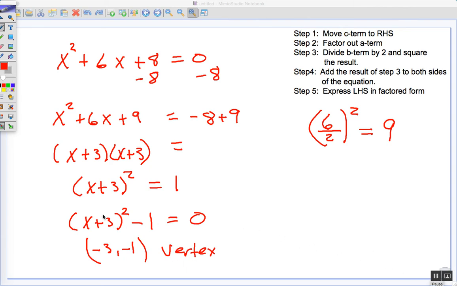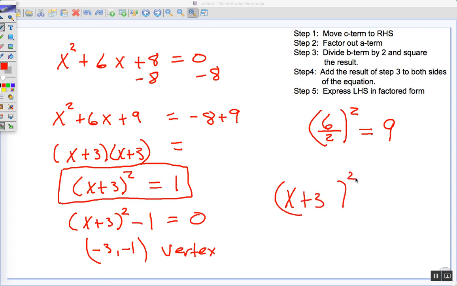You could also, from this point here, if you needed to solve for the x-intercepts, this is a pretty easy equation to solve. So I have (x plus 3) squared is equal to 1. Well, how do you get rid of a square? Take the square root of both sides. So x plus 3 is equal to, don't forget the plus or minus, the square root of 1, which is 1.